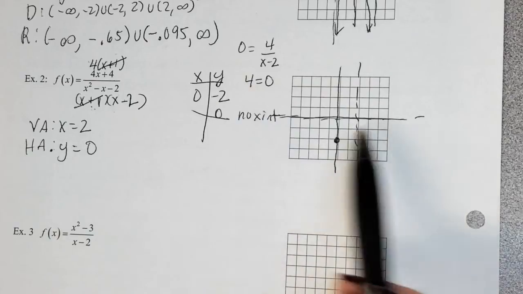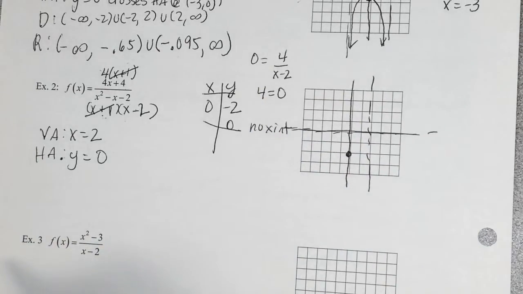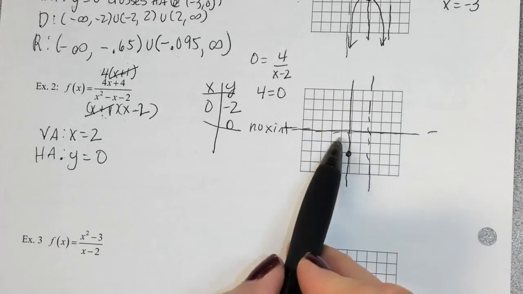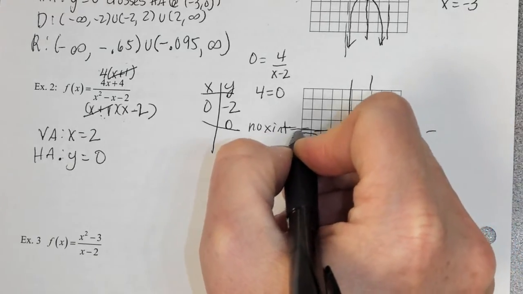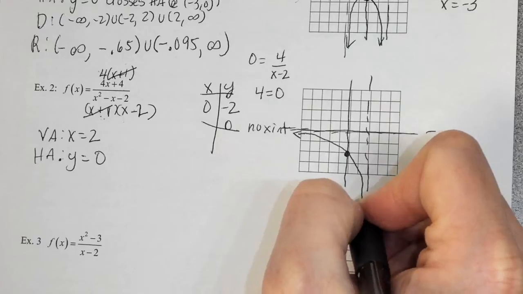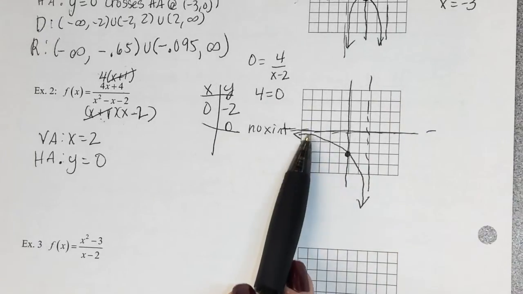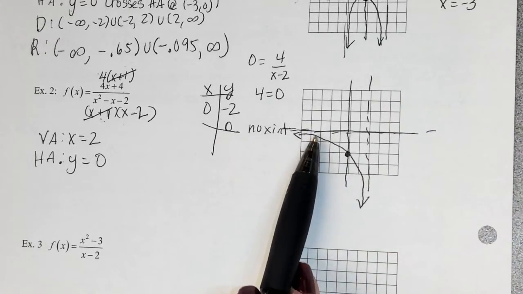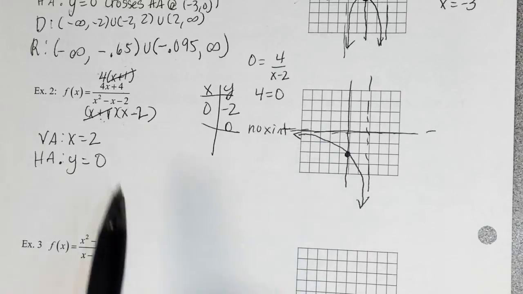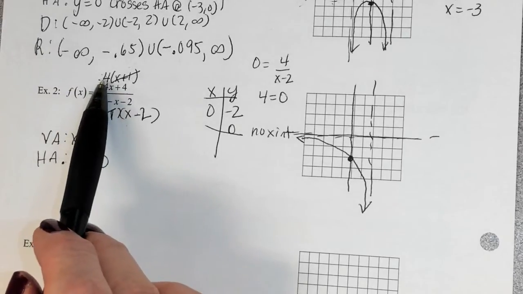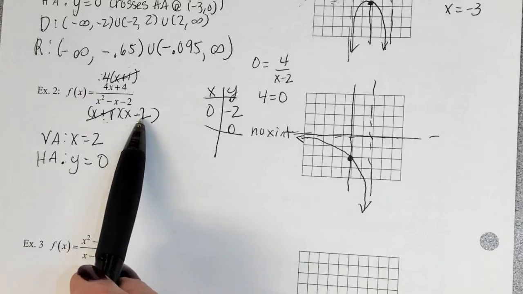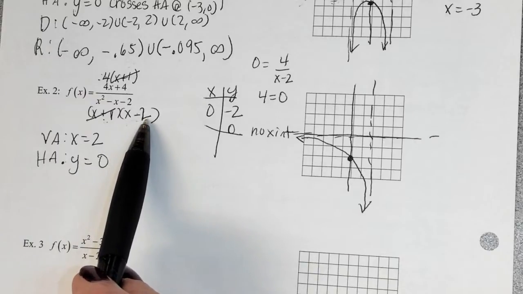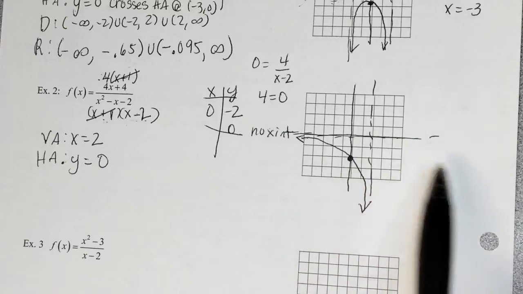All right, so I have no x-intercept. I've got that. I could test some points now, or I could go to the calculator. But see, if I know I don't have any x-intercepts, I know this part of the graph already, because I know it's not going to cross it anymore. Plus, if I just asked you to graph 4 over x minus 2, you would know how to graph that, wouldn't you? It would just look like this and like this.